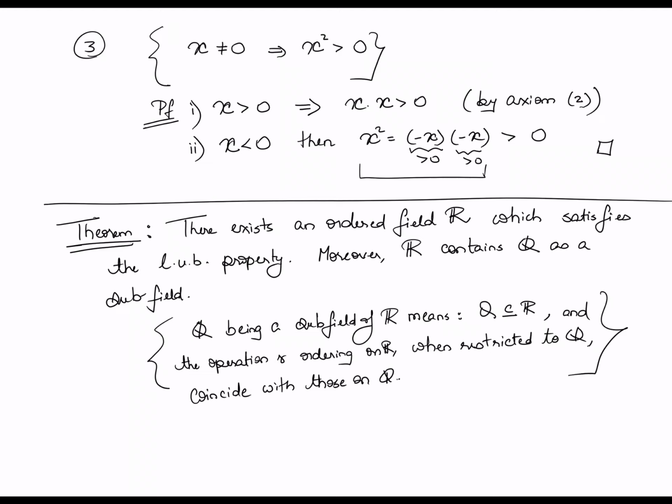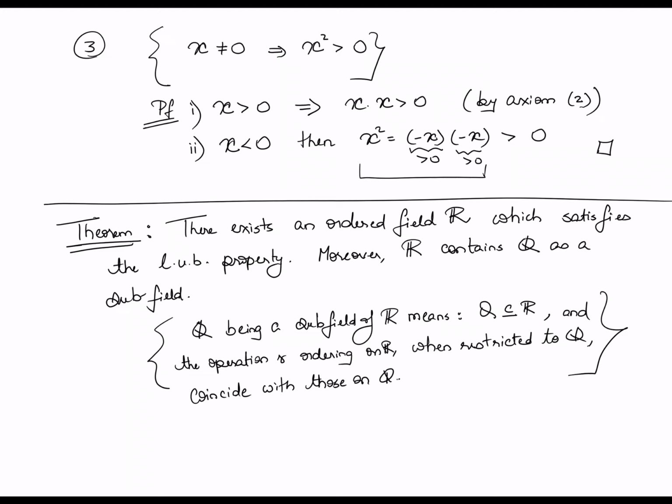Okay, so this is really the big result of this chapter, which I have only really set the stage for. We are not actually going to go into the proof, but let me summarize what we have said. We have identified that Q, the set of rationals, is an ordered field. This is evident. However, it does not satisfy the least upper bound property, or equivalently the greatest lower bound property. Okay, so how do I construct R?